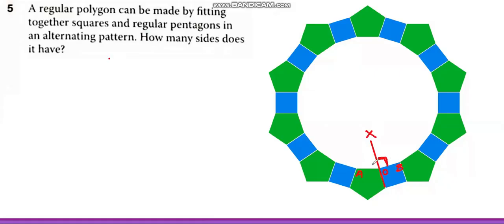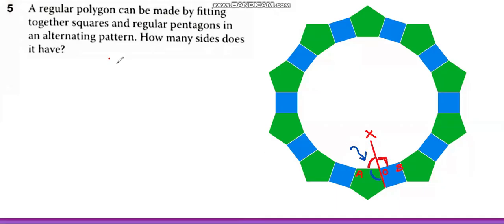And we have to just find AOX. Basically, the sum of AOX and XOB will be the size of interior angle of this polygon. So to find AOX, we first need to find the size of interior angle of the pentagon, because there is a straight line over here, and then we can subtract the size of this interior angle from 180 to get the size of AOX.